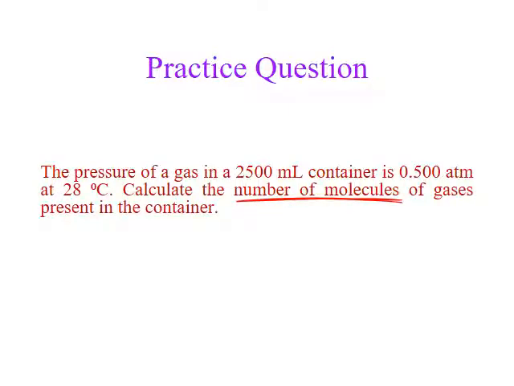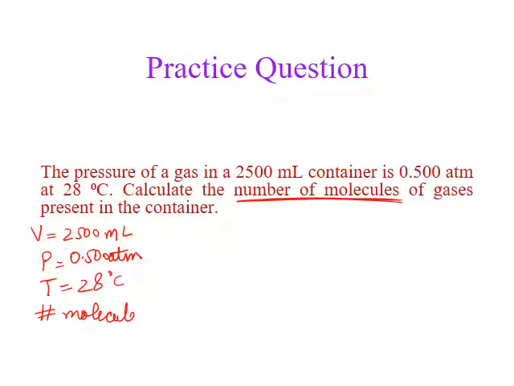So what is given to us? Volume of a gas is given, 2500 mL. Pressure of a gas is given, 0.500 atm, and temperature of the gas is given, 28 degrees Celsius. The question is asking what is the number of molecules of the gas.